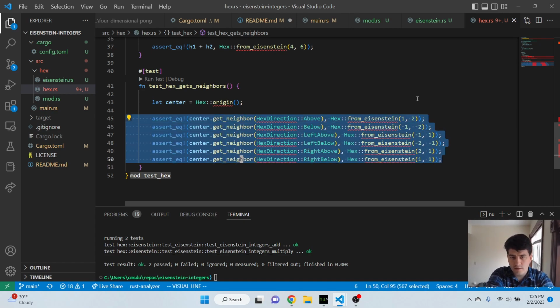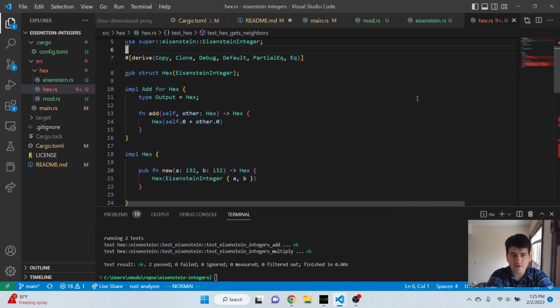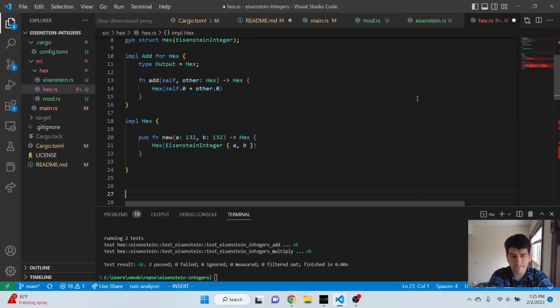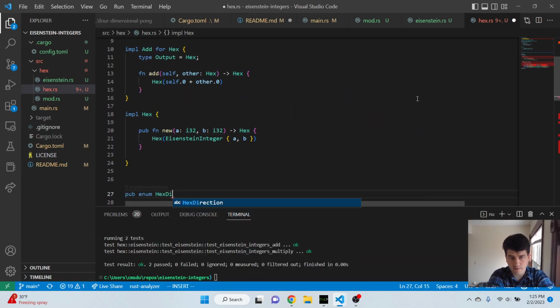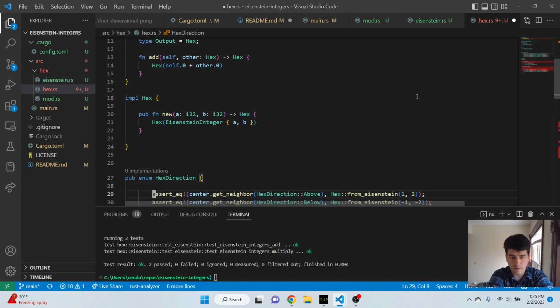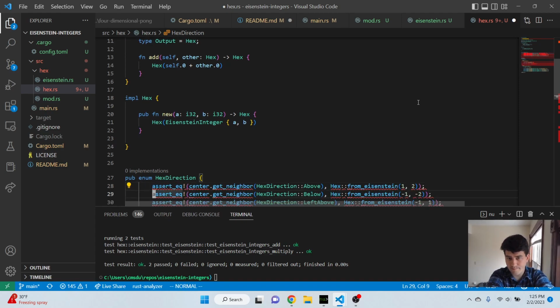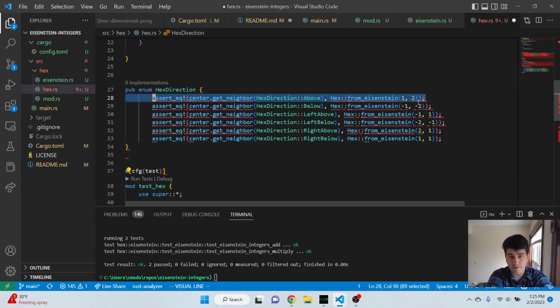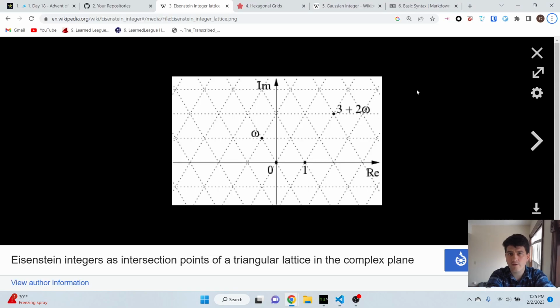So let's take this and use it to create hex direction. Pub enum hex direction. And it's going to be all of this. And we want to just say, how do I do regex?